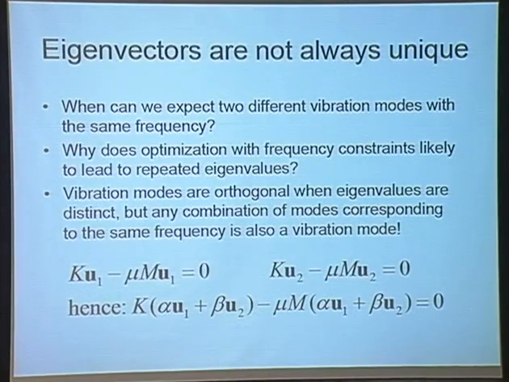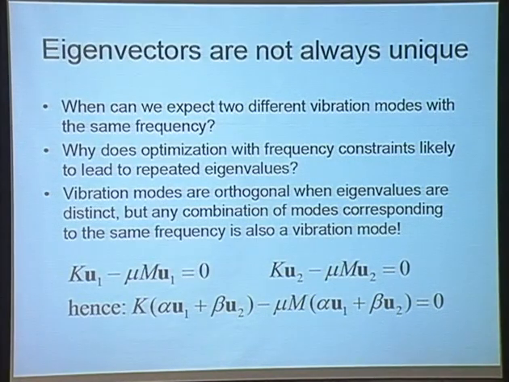Now, this means that when the two vibration frequencies are the same, and you ask a program like Abaqus to calculate for you the vibration mode, depending on small round-off errors, it can come up with any combination of alpha and beta.